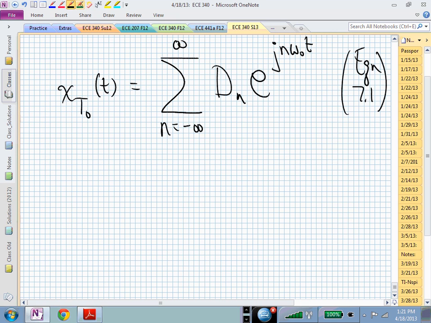Here's the thought process, because you're probably saying, well, wait a minute. That's for the periodic extension of little x of t. That's not x of t. But if you now generate this waveform from minus infinity in time to plus infinity in time, if you wanted x of t and you have little x sub t naught of t, can you get one from the other?